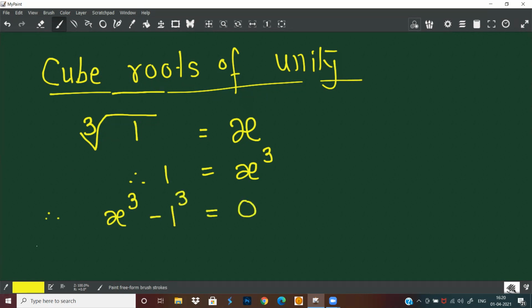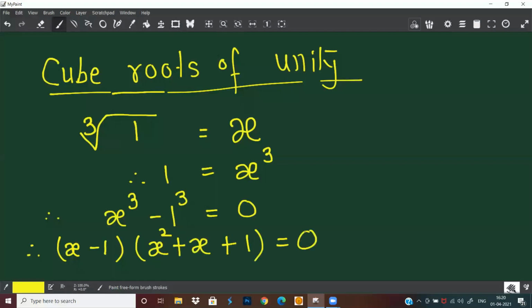So you will be factorizing by a cube minus b cube. So it is a minus b, into a square plus product of the two, which is x, plus the second one's square is equal to 0. a minus b into a square plus ab plus b square.